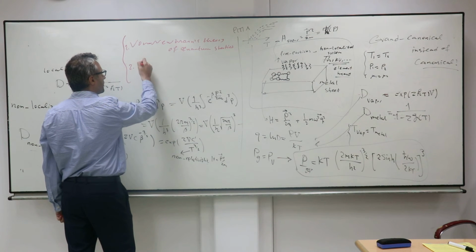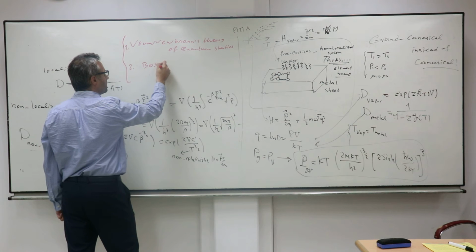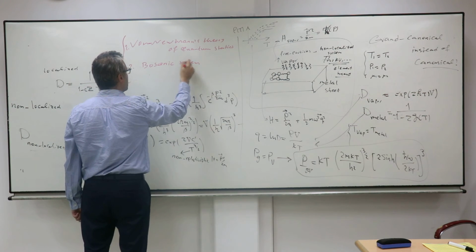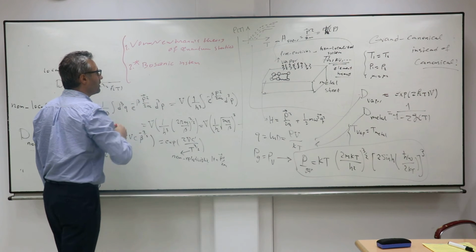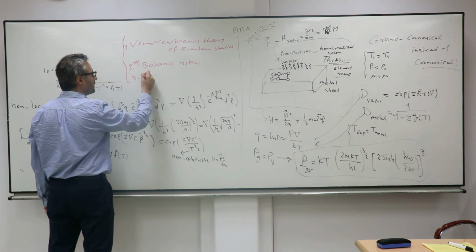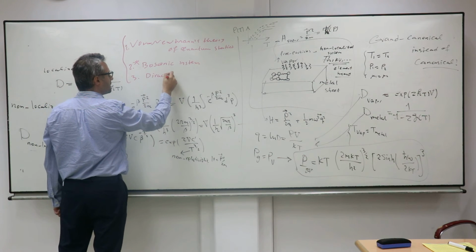The second thing is that I want to talk about the Bose system, bosonic systems. So this is my interest also. So we will spend maybe 2 lectures like that, and maybe 1 or 2 lectures on the Dirac statistics.